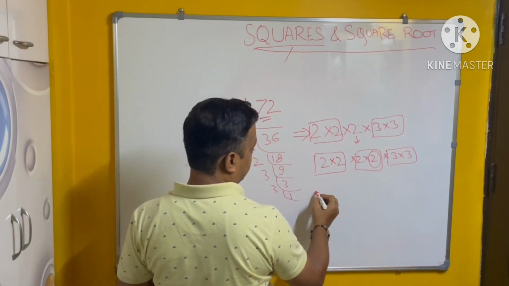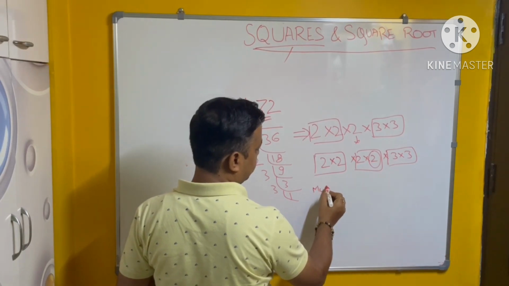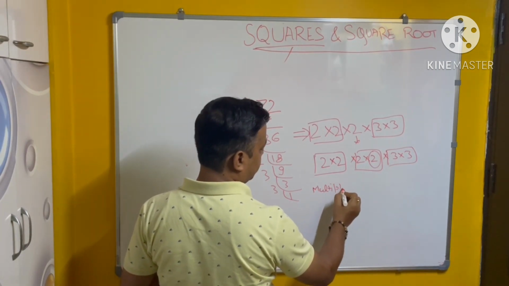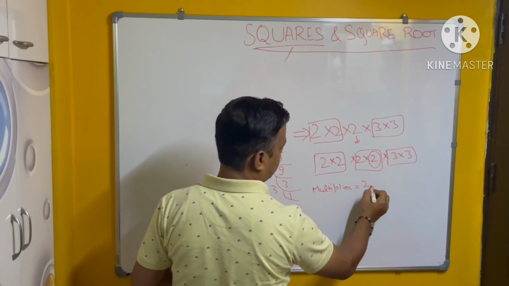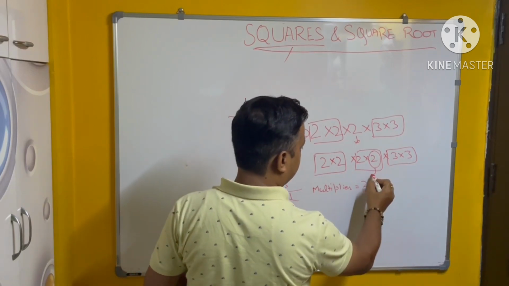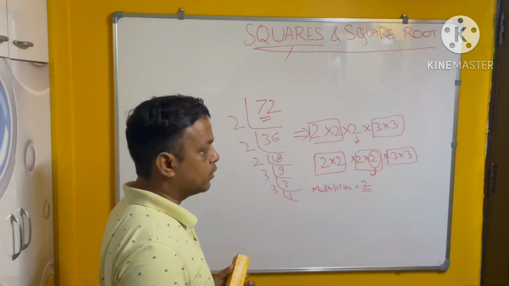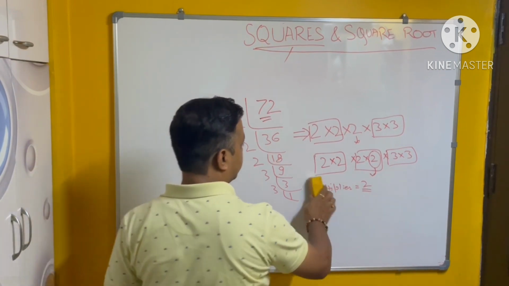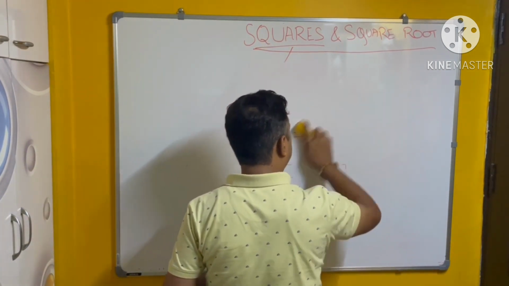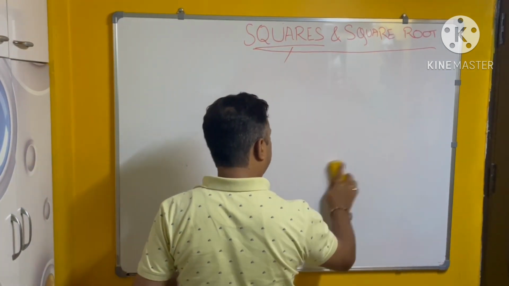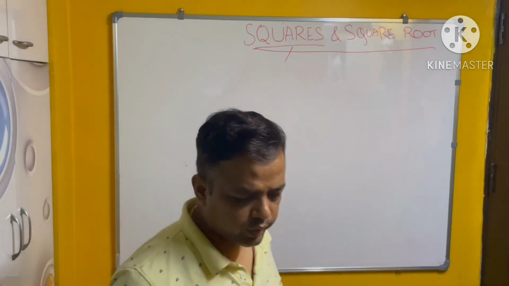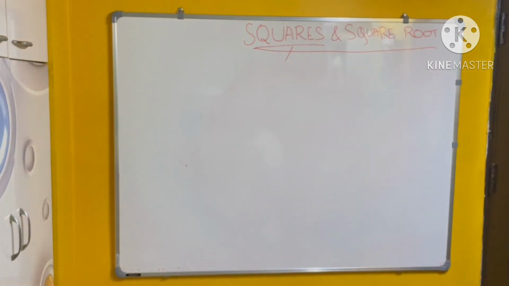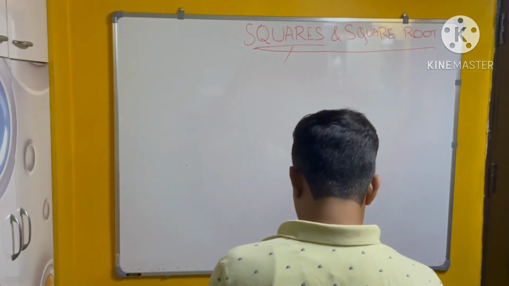So this is the multiplier, right, this one. This type of problems can come. Now there are certain rules, I'll just read from this book.